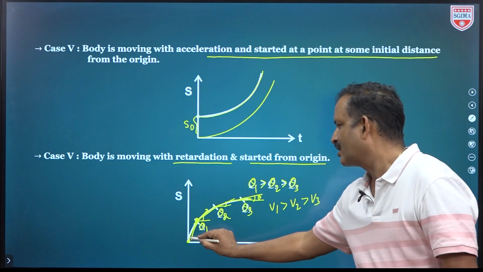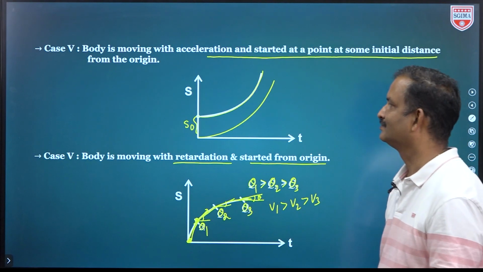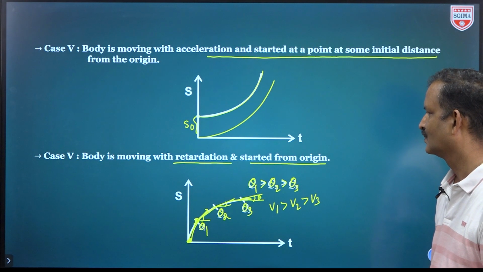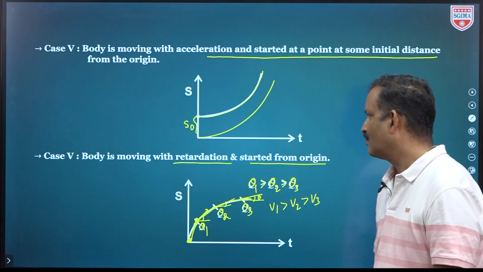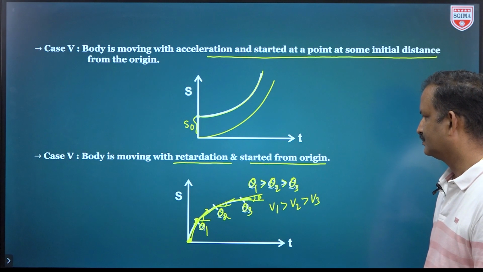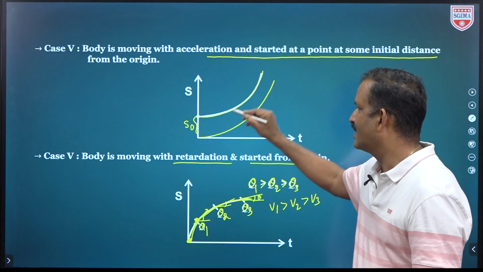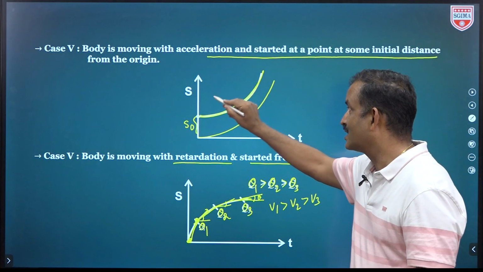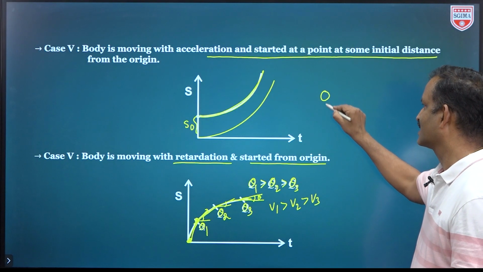Then it started from the origin. It has retardation. Now, this is the acceleration graph in this way. Displacement is increasing, so positive velocity.